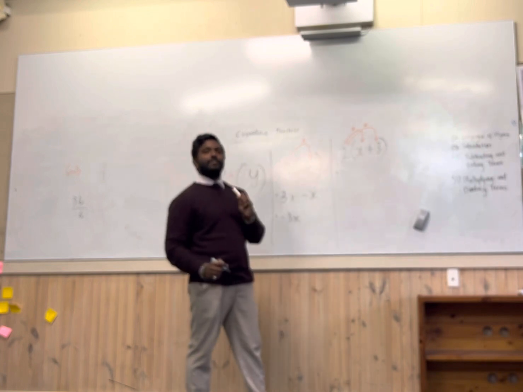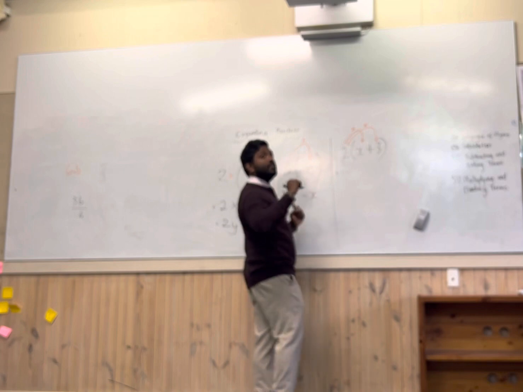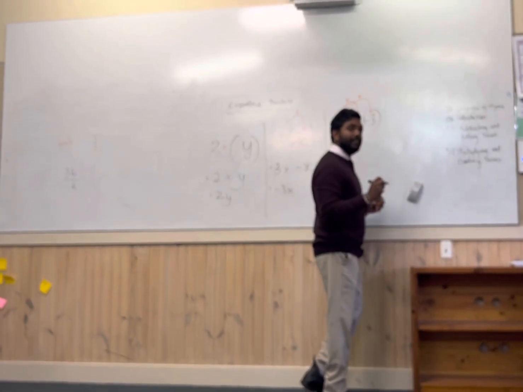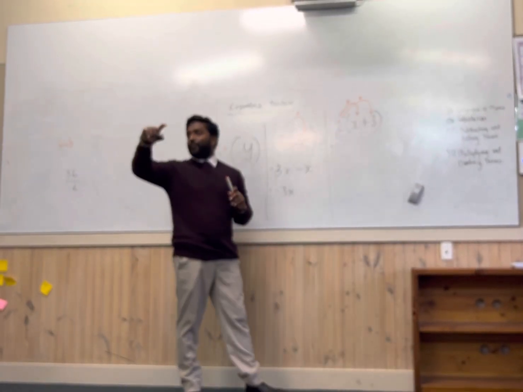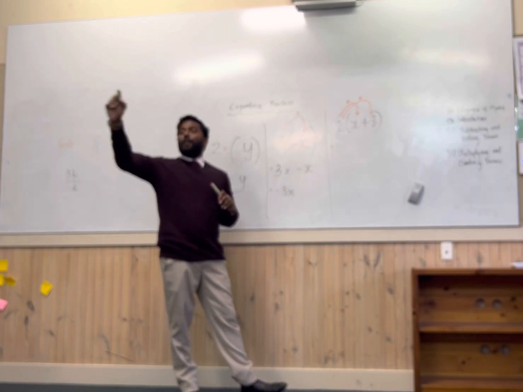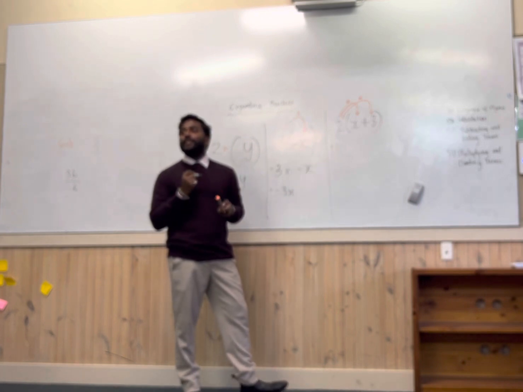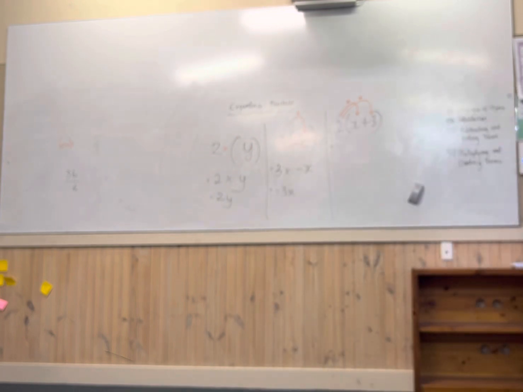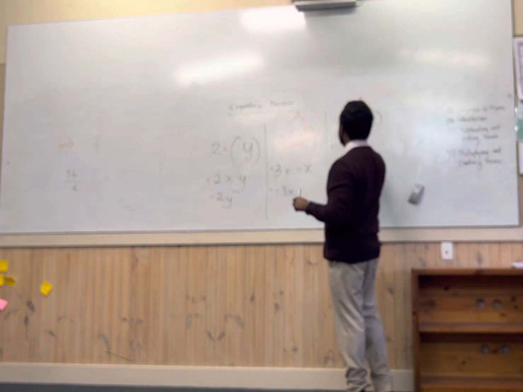What are you going to do first? Shh, guys, can you not speak out? Yes, go on. That's okay. Yes, we'll go with Maya. What are we going to do here? You do 2 times whatever x plus 3 equals.